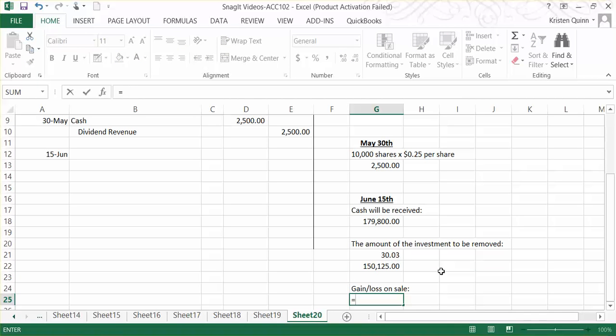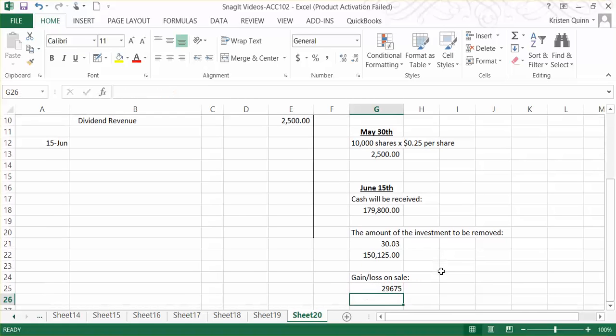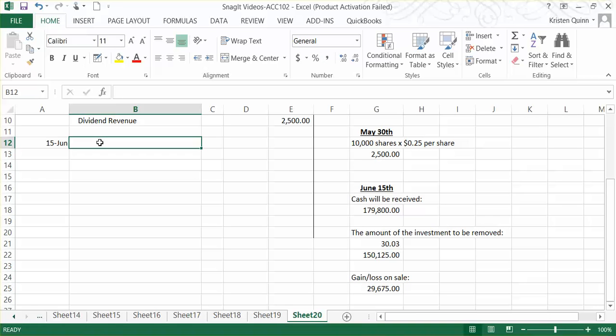So in this case, we're going to receive $179,800, and we had paid $150,125 for that investment, meaning we have a positive amount, or a gain on our sale, of $29,675. So now that we have our calculations, we can journalize.